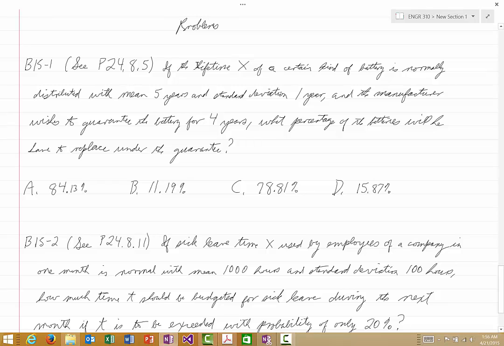It says, if the lifetime X of a certain kind of battery is normally distributed with mean 5 years and standard deviation 1 year, now keep in mind that's the standard deviation, that is sigma, that is not the variance. Okay, so the mean is 5 years and the standard deviation is 1 year. And the manufacturer wishes to guarantee the battery for 4 years. What percentage of the batteries will he have to replace under the guarantee?